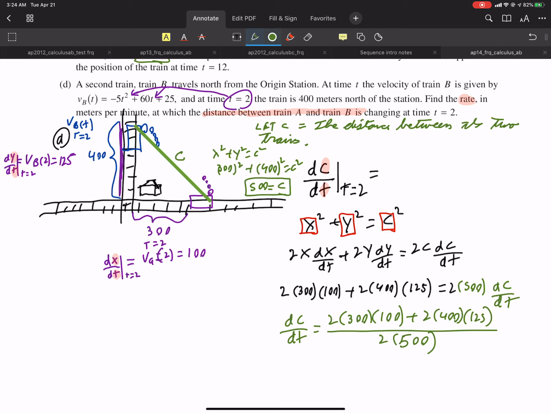Let's see, the top would be 30,000. I don't want to do that. I believe I'm right. I'm not going to simplify that, but if you do, now I'm just getting the answer from the book. The book says it's 80,000 over 500, which is 160. Don't do that. You don't need to do that. But that's the answer. We're done. This is your answer right here.